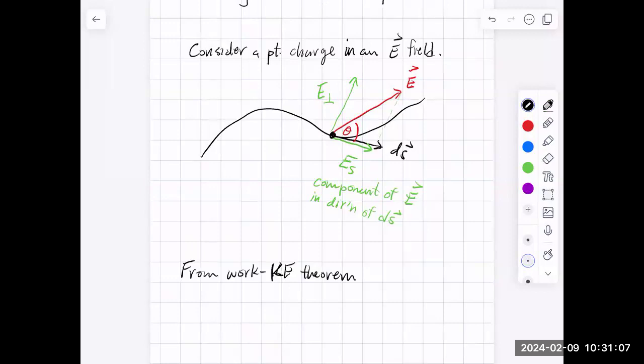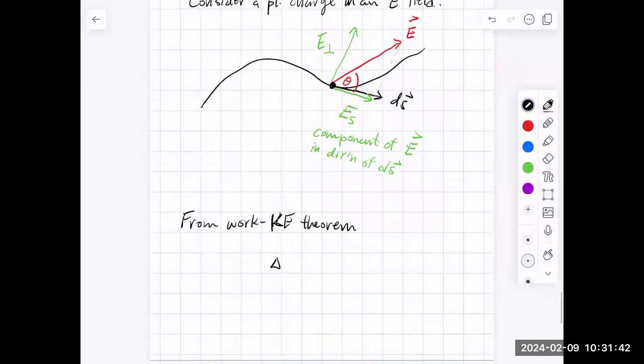I want to imagine that we take a very small step, delta S. We'll make our step so small that even though our path is not straight, even though the electric field may not be constant, we can approximate our step as being in a straight line and the electric field being uniform over that small distance. And so even if the electric field is changing very rapidly, we just make our step smaller and smaller until this approximation works.